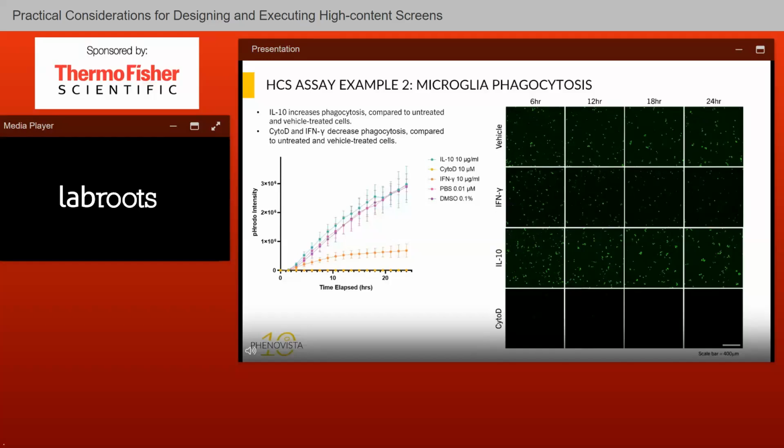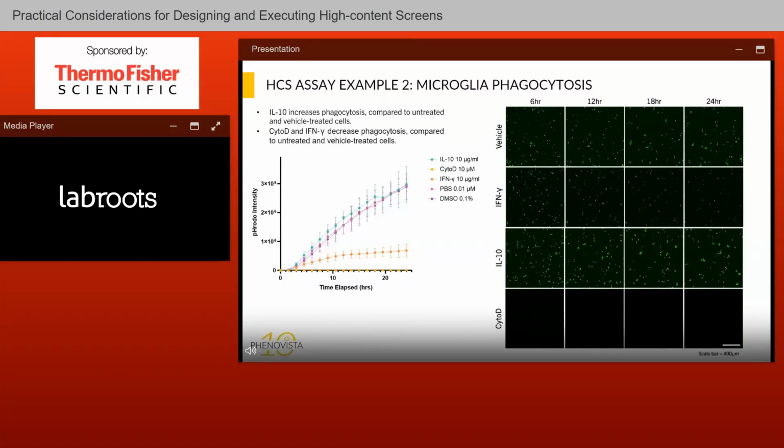So how we do this is we use a pH-sensitive dye called pHrodo, which has been conjugated in this case to bacterial fragments, which the cells will ingest, and then when it gets inside the cell and goes to an acidic compartment, it fluoresces. So that's how we can measure that over time.